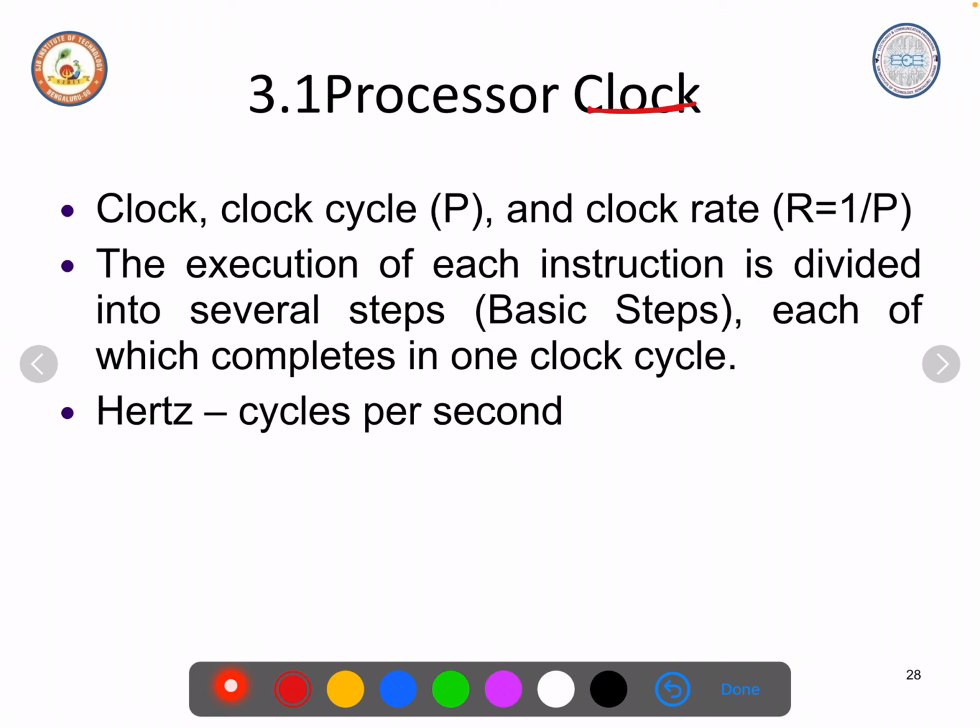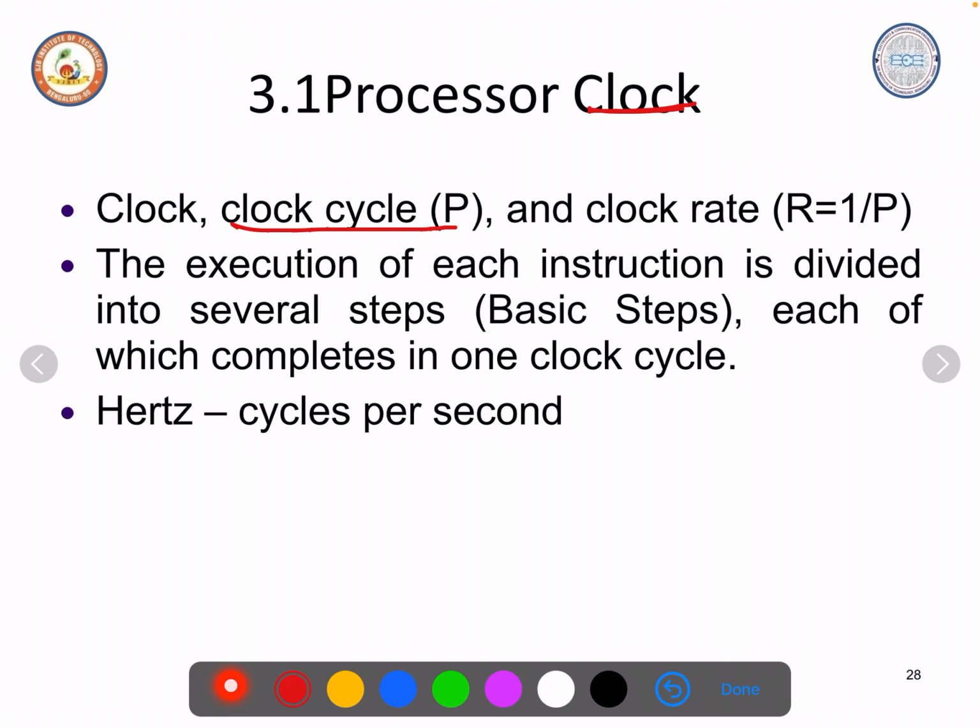The clock defines regular intervals of time, which we call clock cycles. To execute a machine instruction, the processor divides the action to be performed into a sequence of basic steps, such that each step can be completed in one clock cycle.